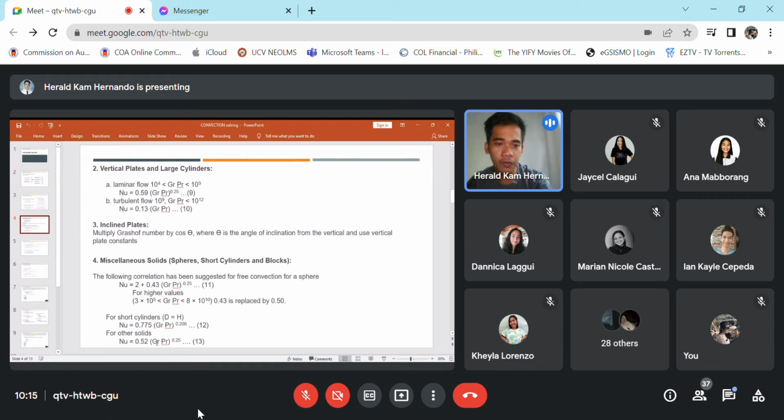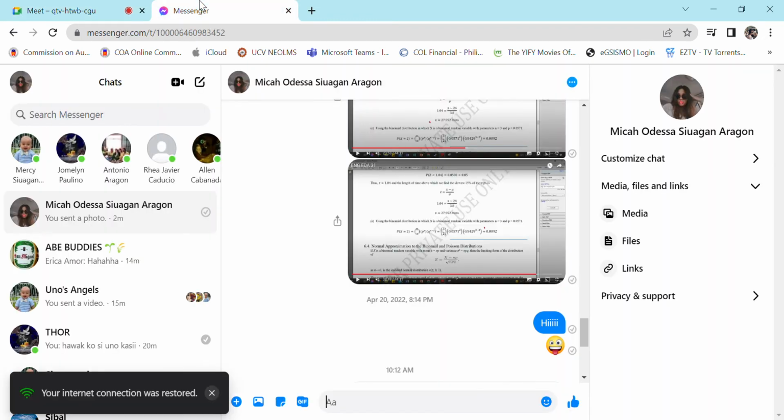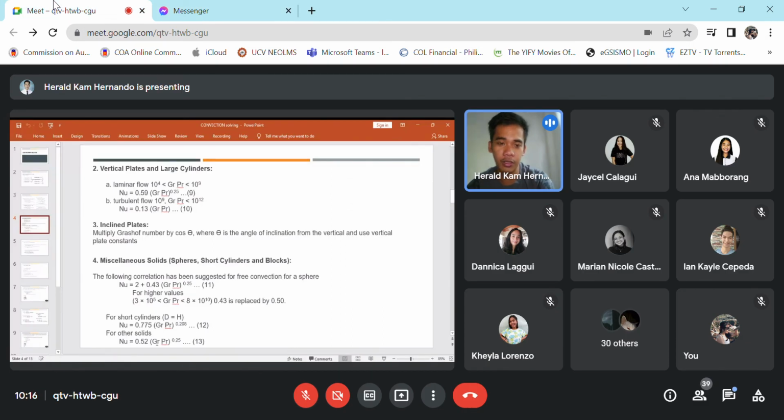Now, if you are computing for a vertical plate and a large cylinder, you have to consider this Nusselt number with 0.59 times the Grashof number to the 0.25. For turbulent flow, you consider this Nusselt number with 0.13 times the quantity of Grashof and Prandtl raised to 1/3. With inclined plates, you just multiply the Grashof number by cosine theta, where theta is the angle of inclination from vertical, and use the vertical plate numbers.